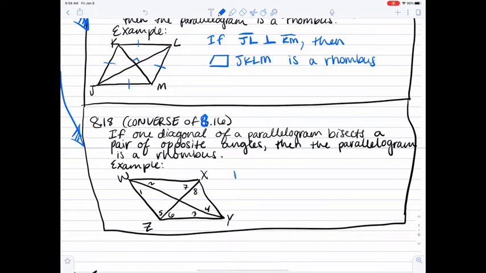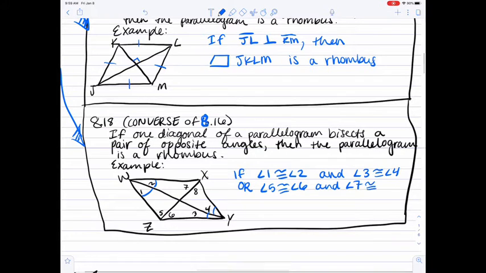Here's our drawing. We're going to say if angle 1 is congruent to angle 2 right here, and angle 3 is congruent to angle 4 right here, or, okay, you only need to know one of these two things, or angle 5 is congruent to angle 6 and angle 7 is congruent to angle 8.